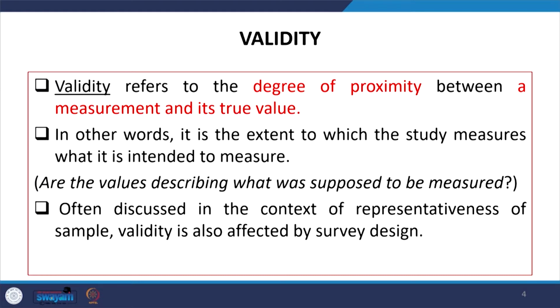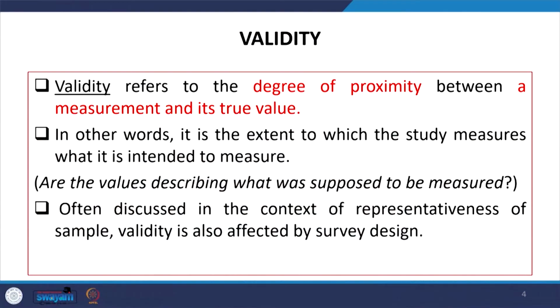Likewise, we do hypothesis testing, where we check the true value against its estimated value and compare them. Similarly, in sample data we check how our sample information or sample estimates represent the true value. So validity refers to the degree of proximity.